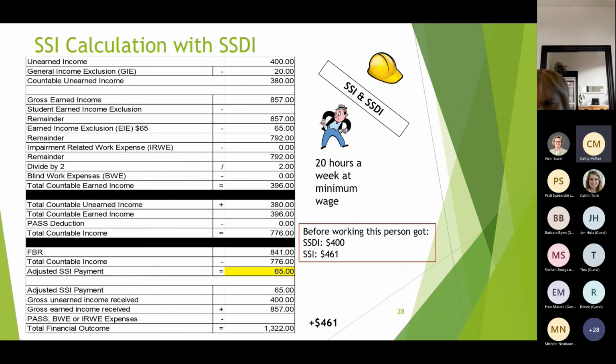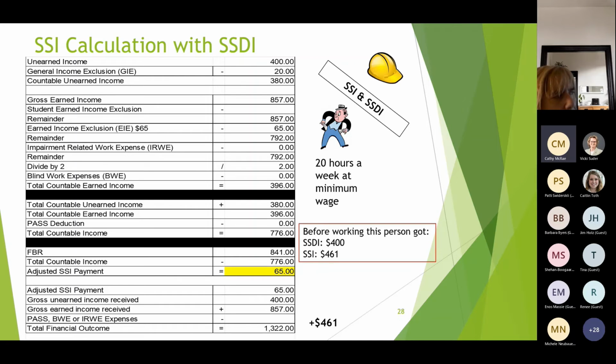I'm not sure. It would depend on the terms of the insurance, and it would also probably depend on how fast you could turn it around. So usually what happens with countable resources for SSI is that they look at the end of the month.